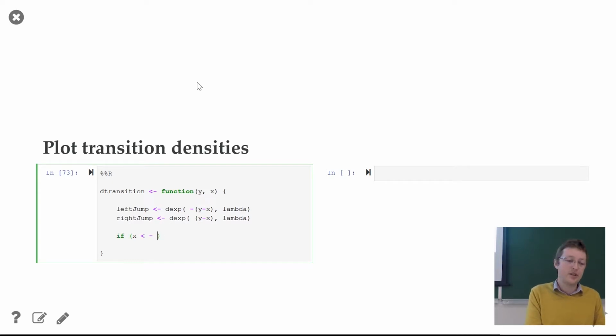Same as before, if I'm below minus 1, I'm jumping right. If I'm above 1, I'm jumping left.